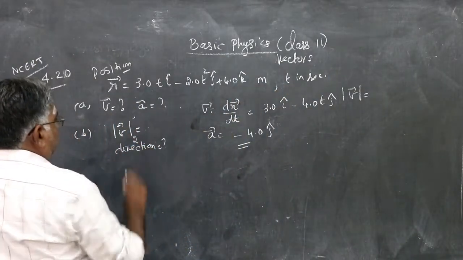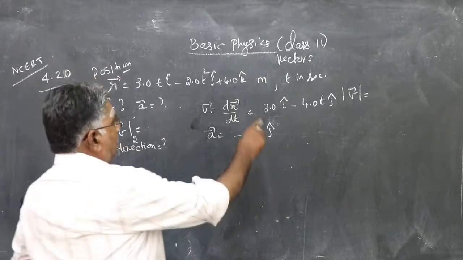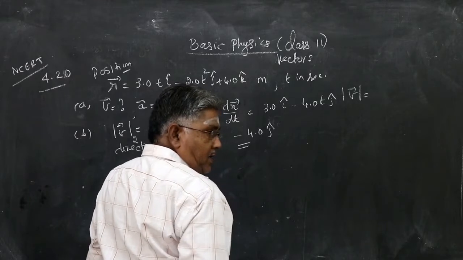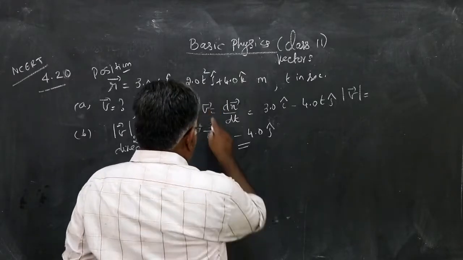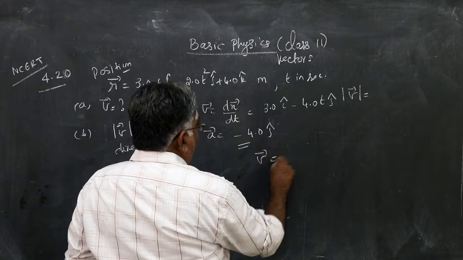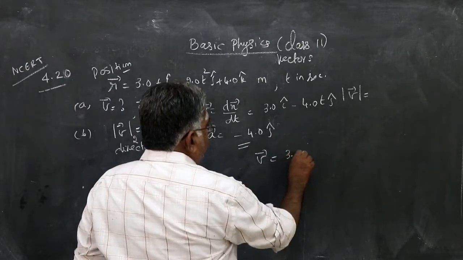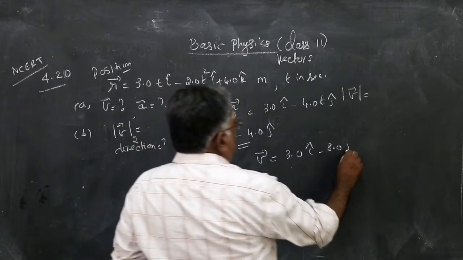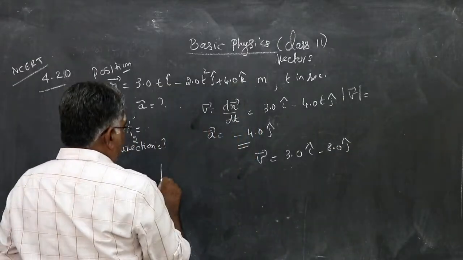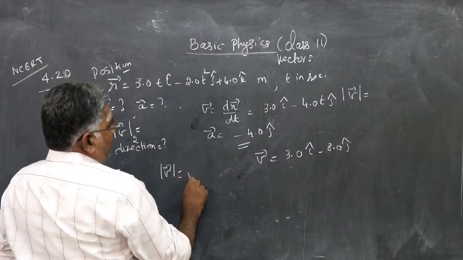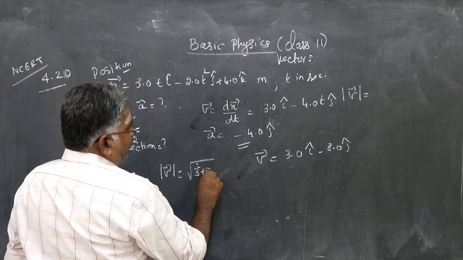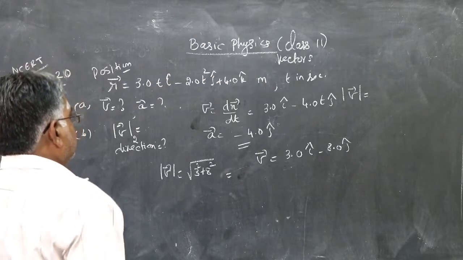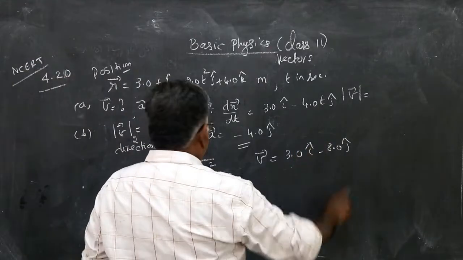So velocity, this is a vector expression. Velocity when time t is 2 seconds means 3.0 i cap minus 8 j cap. So magnitude will be root of 3 square plus 8 square, because t is 2, you know.